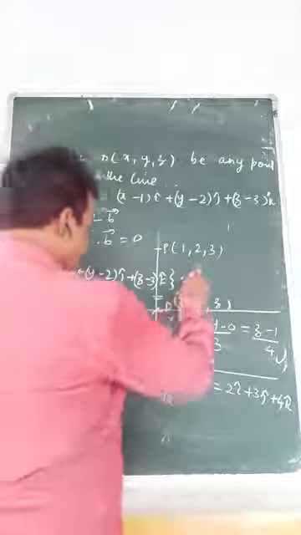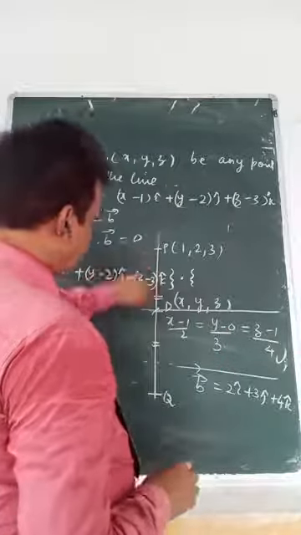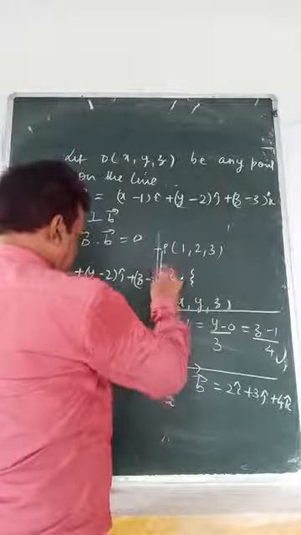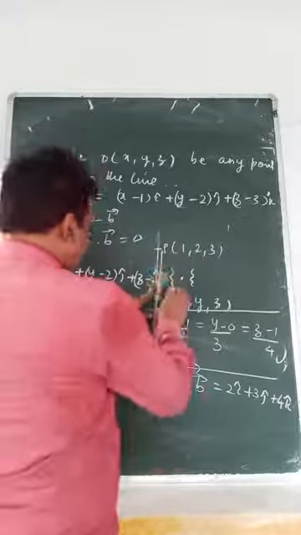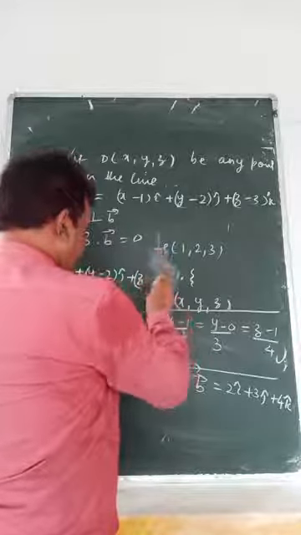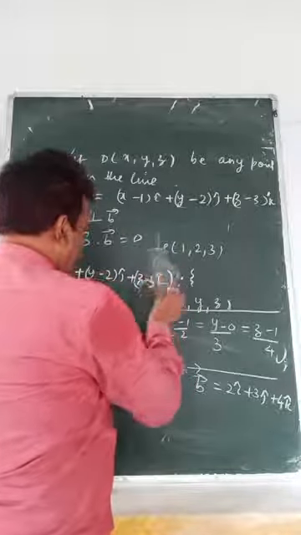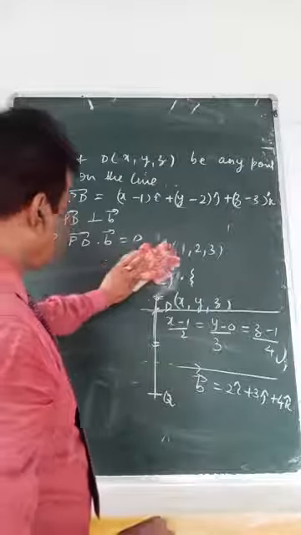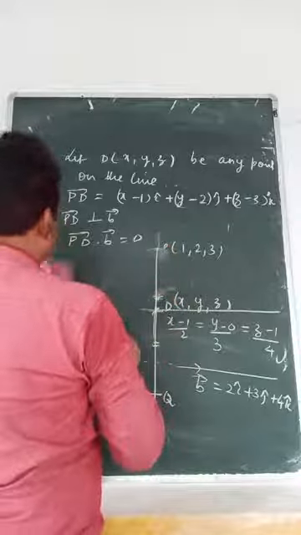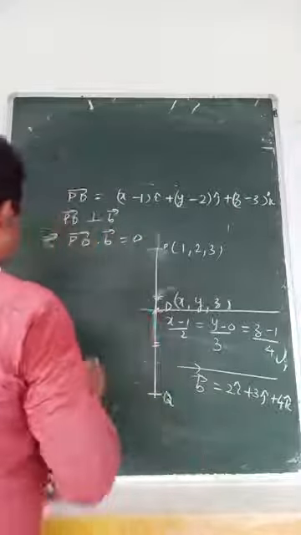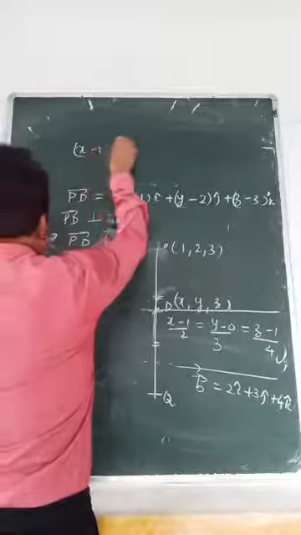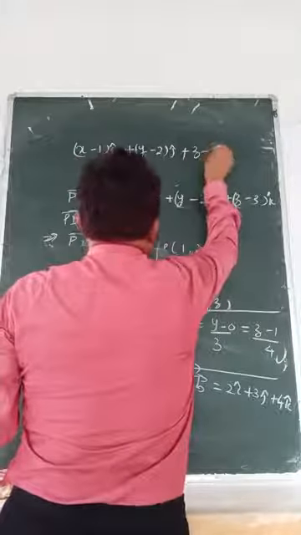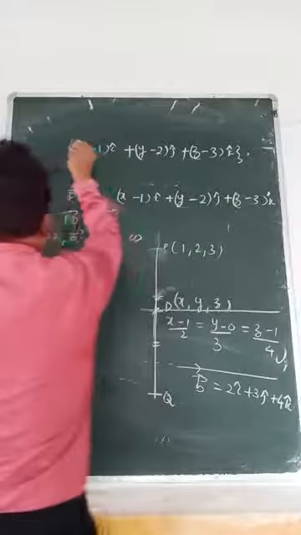Okay, let me write here. You can write (x minus 1)i, (y minus 2)j, (z minus 3)k dot what?